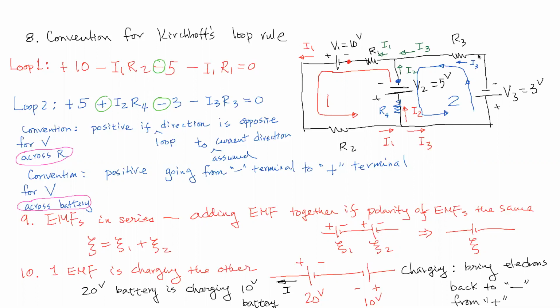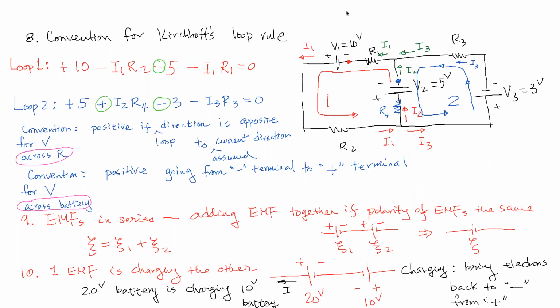For example, in this circuit here, we have 1, 2, 3 batteries, and we have 3 resistors. When we draw the red loop here for loop 1, it is going counterclockwise.